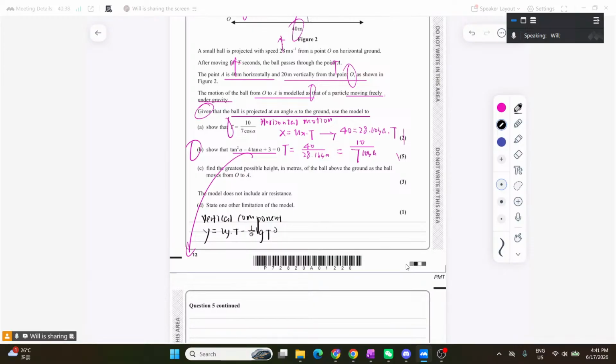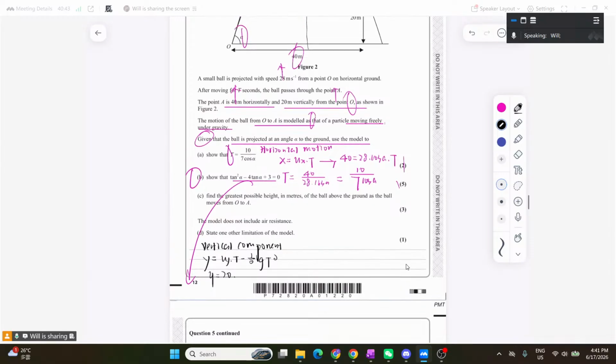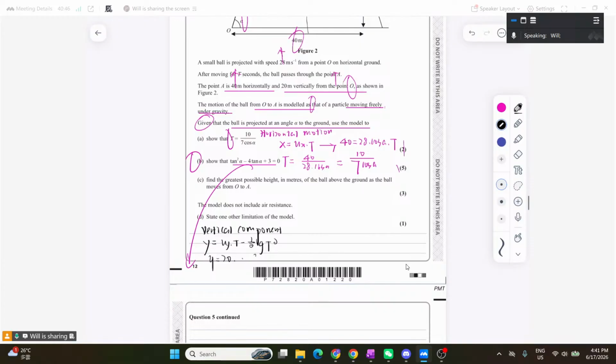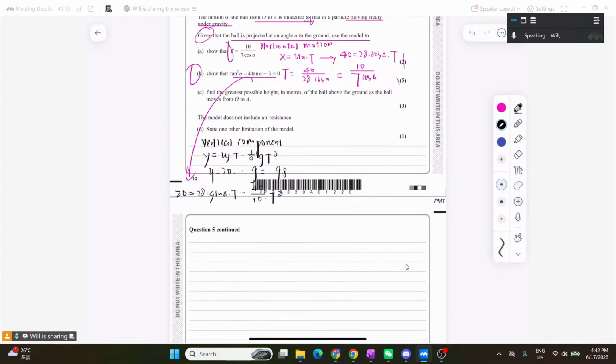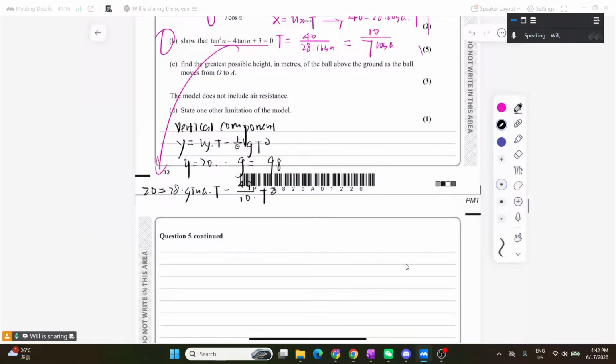Also we have y equals 20 from the known quantity, and g equals 9.8. Taking these into the equation, we get 20 equals 28 times sine alpha times t minus 49 over 10 times t squared. Okay, no problem.